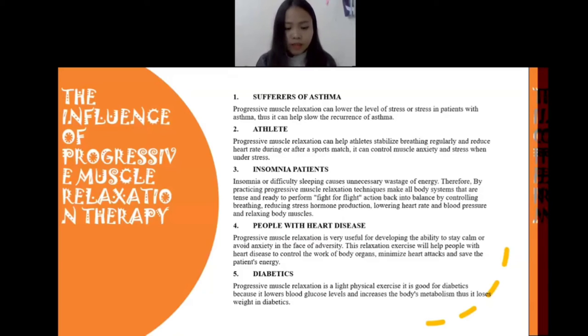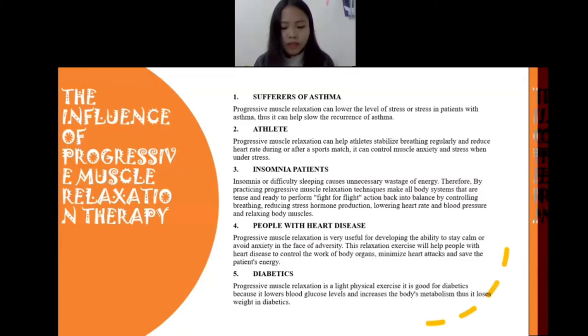Second is for athletes. Progressive muscle relaxation can help athletes stabilize breathing regularly and reduce heart rate during or after a sports match.